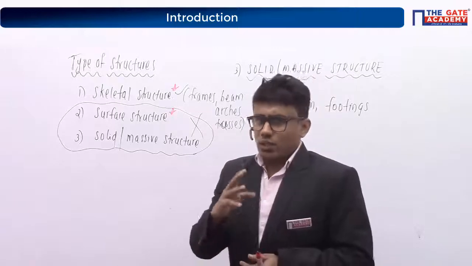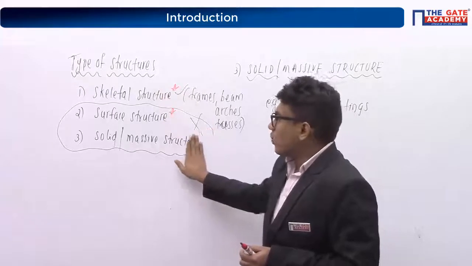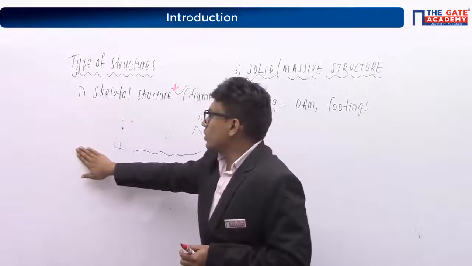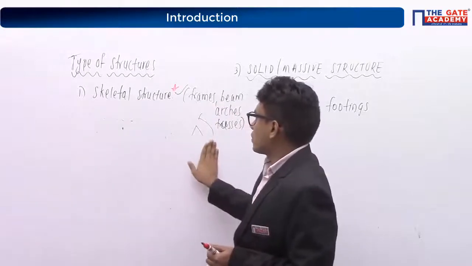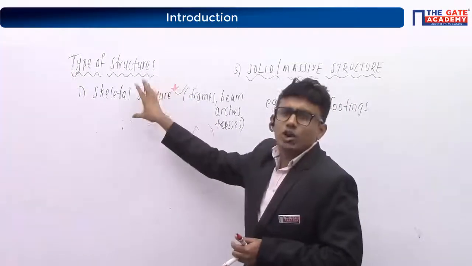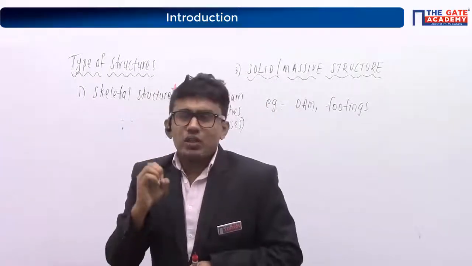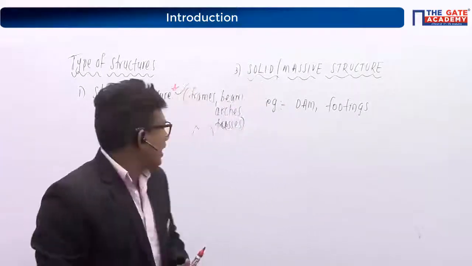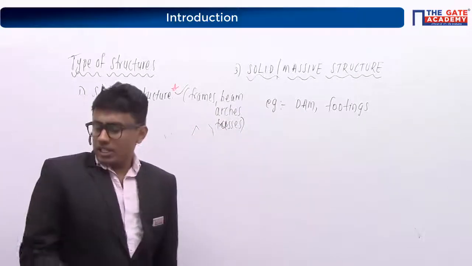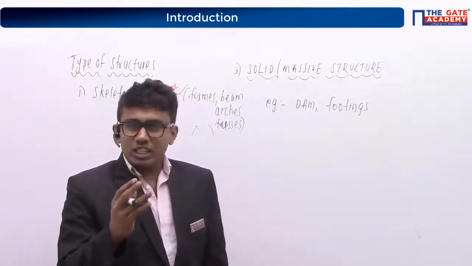So as I told you, we will be focusing only on our skeletal structures. We are going to forget about solid structures and surface structures. We will be studying various methods for analyzing structures like frames, beams, columns, arches, trusses, etc. Forget about solid structures, forget about surface structures.